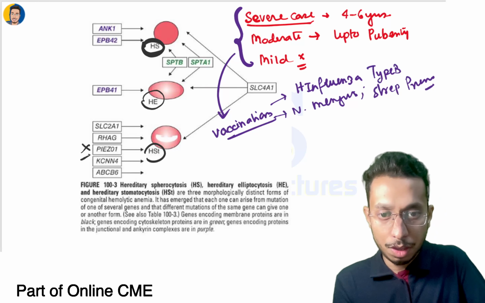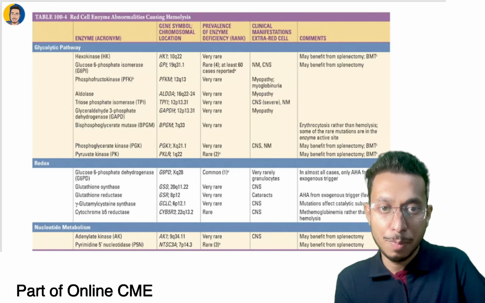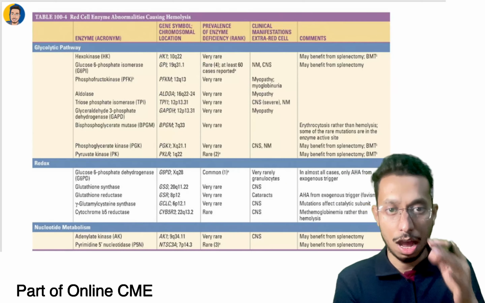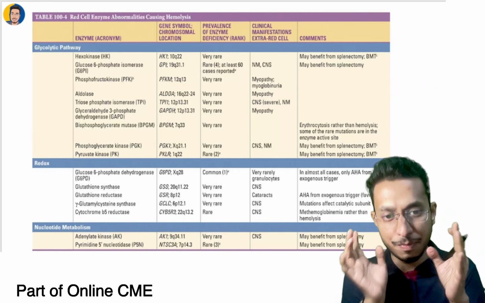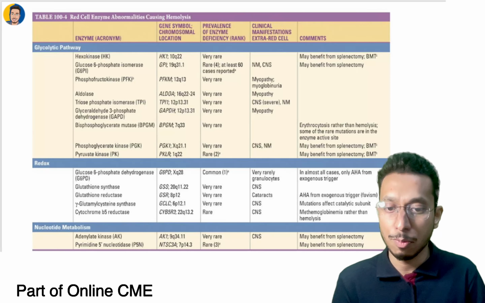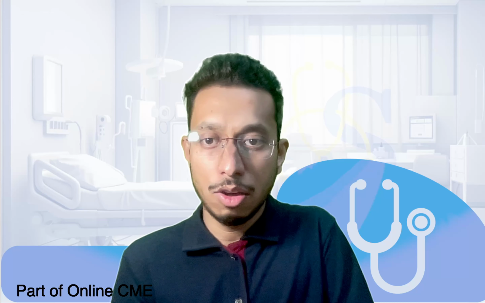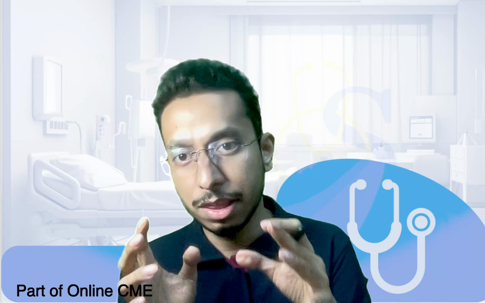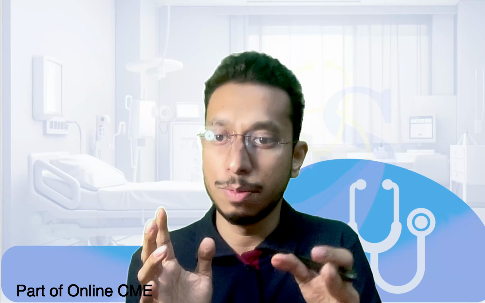Now, coming to the next part, that is the enzymopathies. For our understanding, enzymopathies are very, very rare, and mostly they are asymptomatic in nature, right? They are asymptomatic because the anemia of these enzymopathies is tolerated by 2,3-BPG.